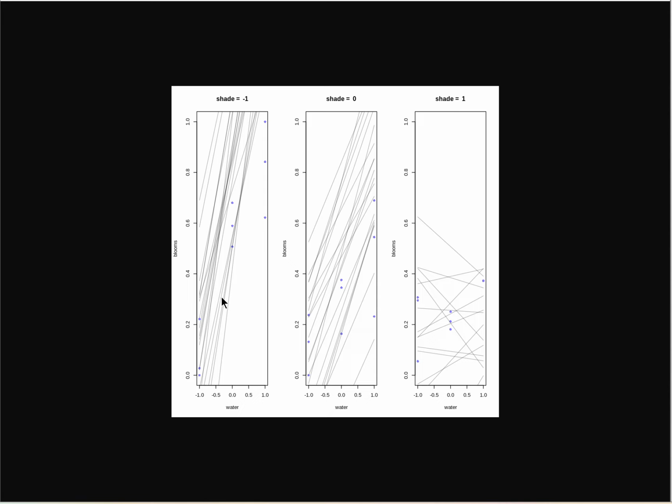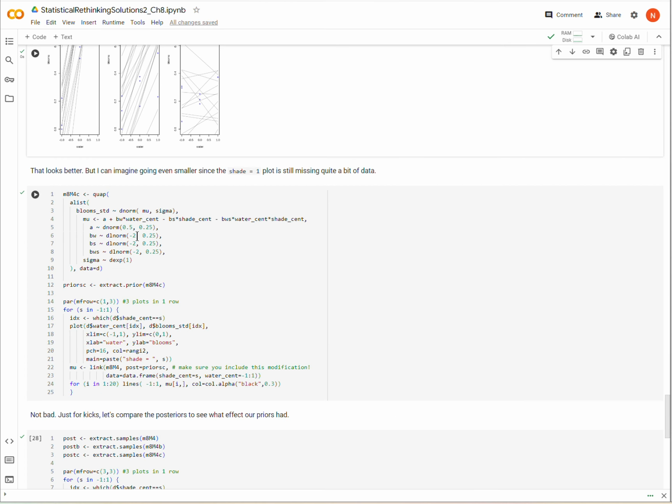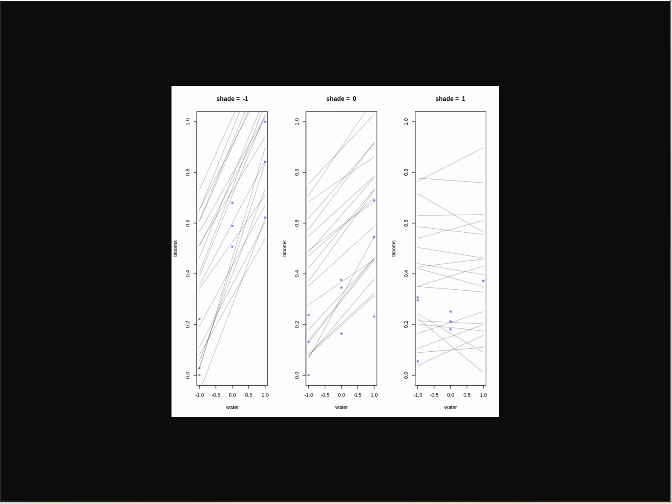But notice first of all that the slopes are more moderated. You can see it here and here in shade equals 1 and shade equals 0, but we're still missing quite a bit of data. So I'm going to continue on that trend and make it a little bit smaller. So now I have even smaller slopes, or favoring even smaller slopes. Okay, so I'm going to run this. And now our priors are probably doing a decent job.